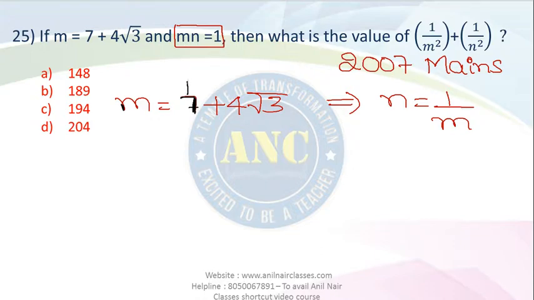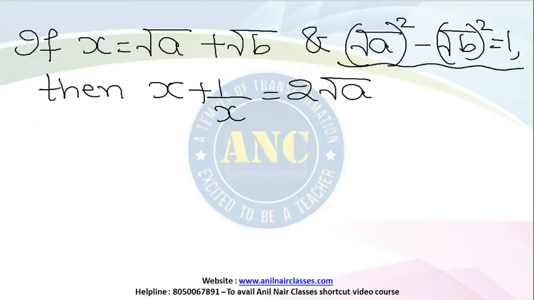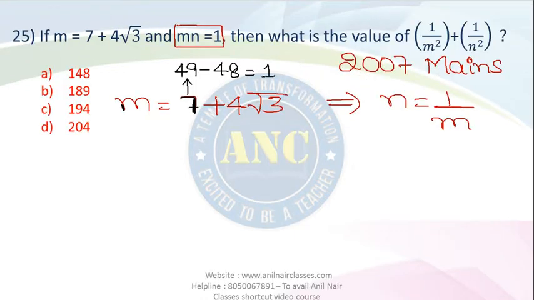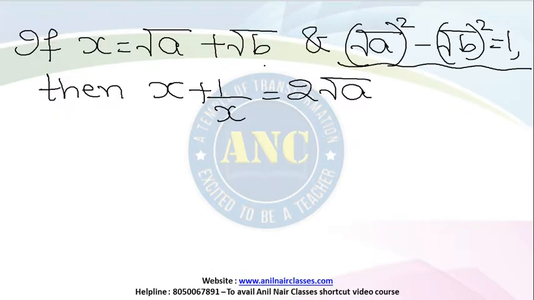Root a whole square, that means 7 square is 49. Root b whole square, 4 root 3 whole square is 16 into 3, 48. If the difference is becoming 1, the condition says the difference should become 1. Yes, the difference is becoming 1 here also. That means I can say that x added with its reciprocal is 2 times the bigger number.